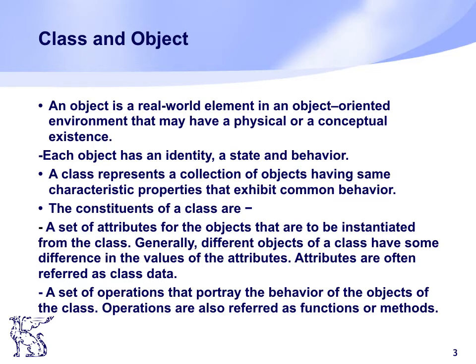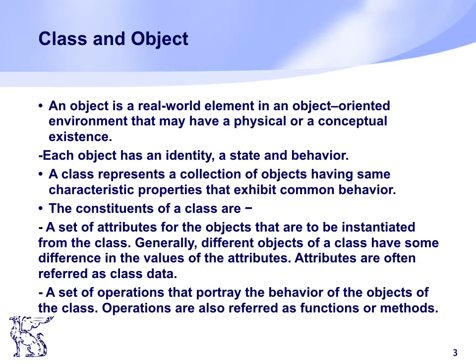State actually determines the characteristic properties of an object, as well as the values of the properties that the object holds. And behavior represents externally visible activities performed by an object in terms of change in its state. So an object is actually composed of an identity, a state, and a behavior.